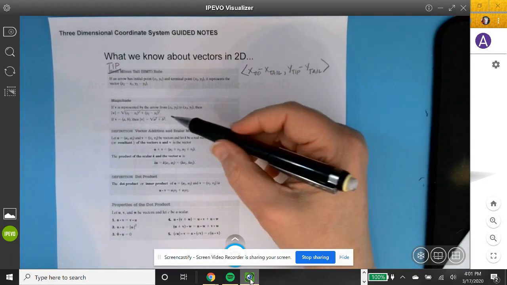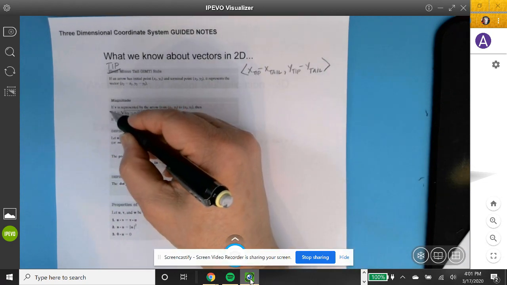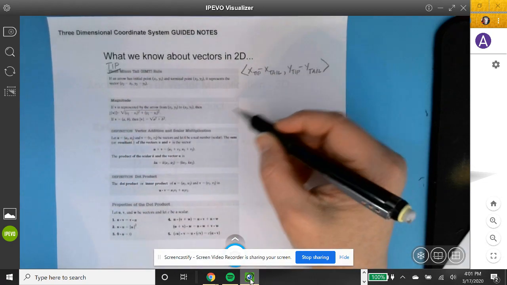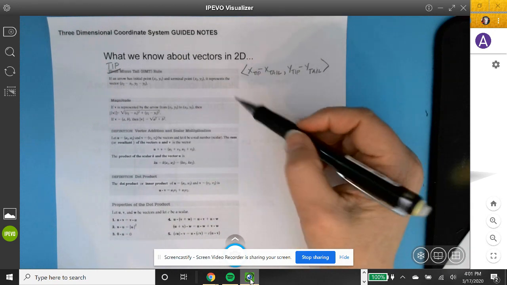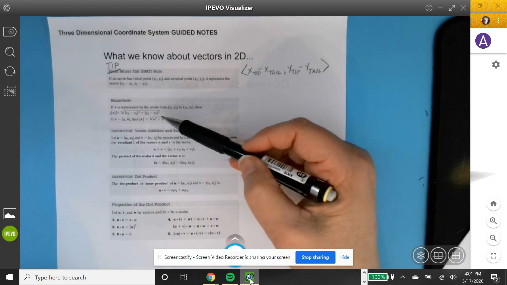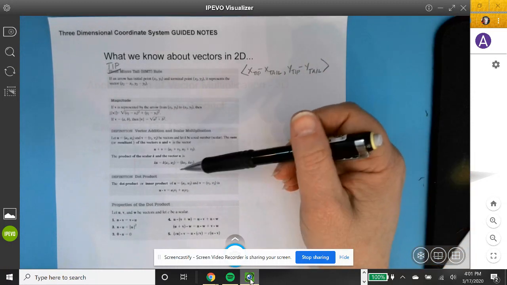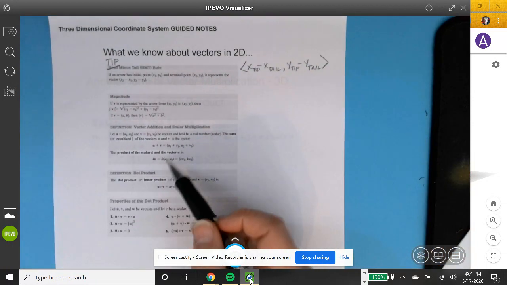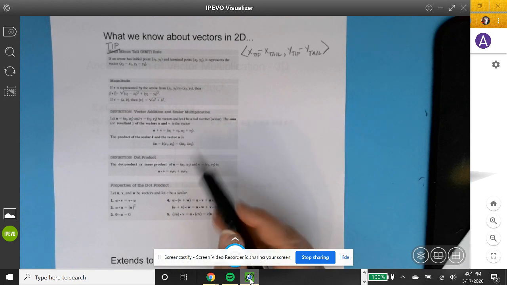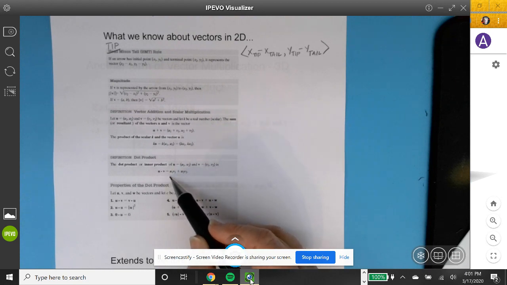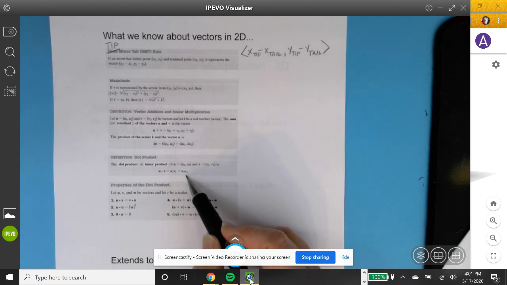And then the magnitude, we all remember, and the book only uses single bars, I like to use double bars, is the square root of delta x squared plus delta y squared, which is your component part squared. And then we can add them and subtract them, which we know how to do. We can find the dot product, which is where we multiply the x components and then add them to the y components.